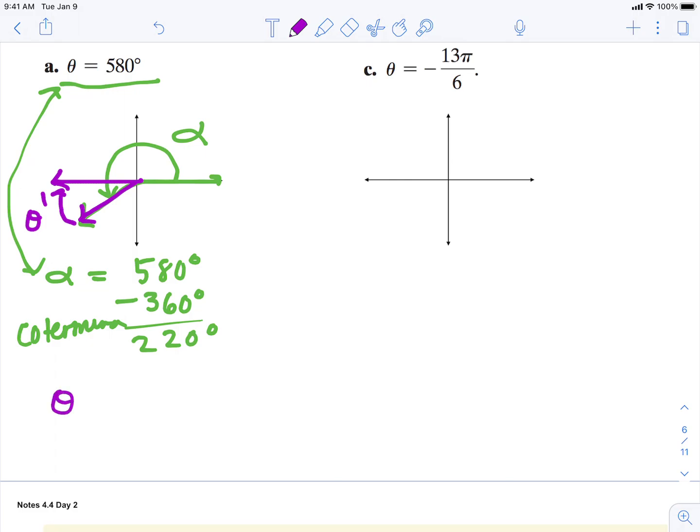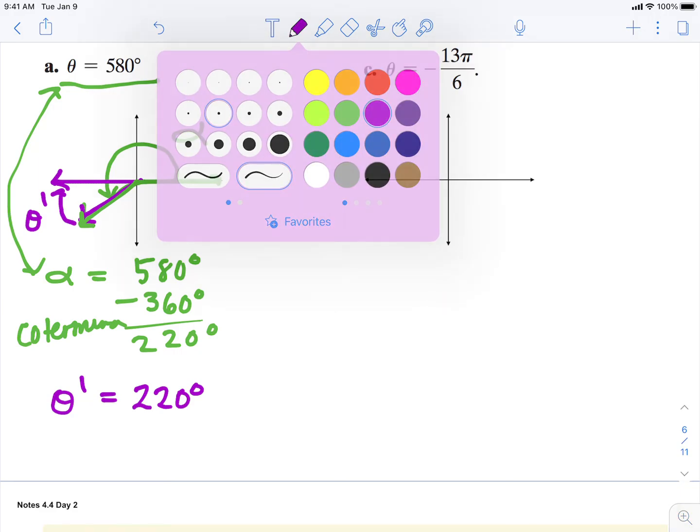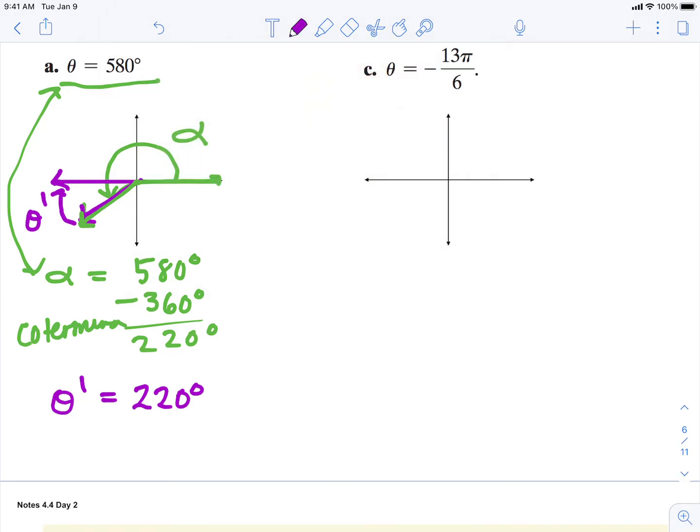To find our reference angle, we take that 220 degrees, which is the distance from here to there, and then we subtract 180 degrees, giving us 40 degrees. So this angle right here is 40 degrees.